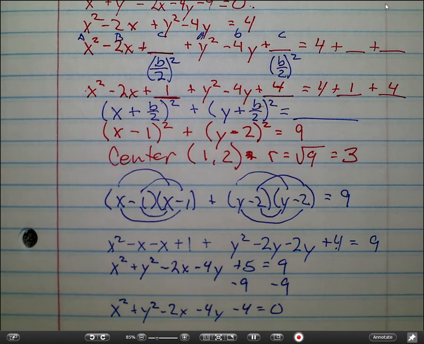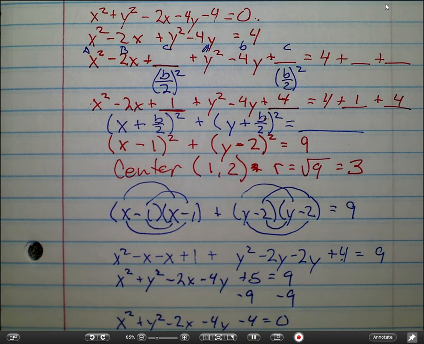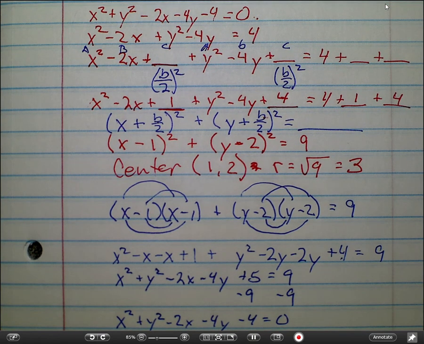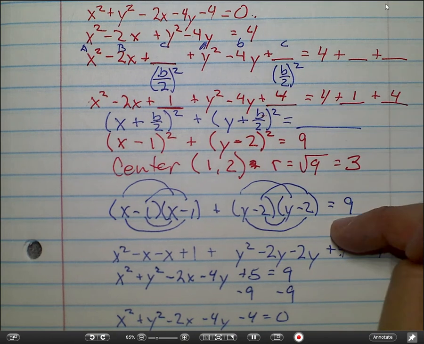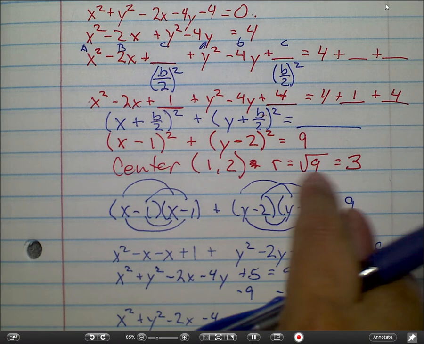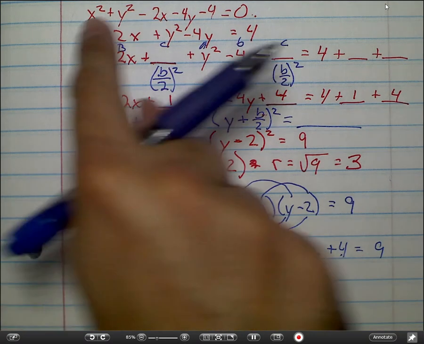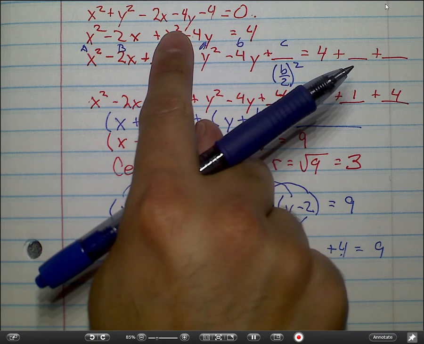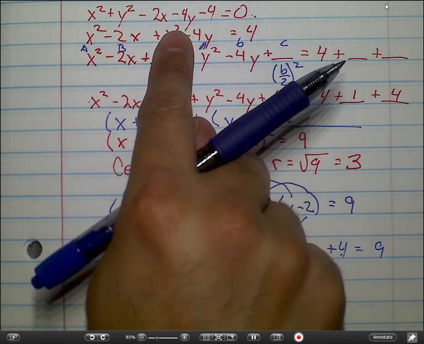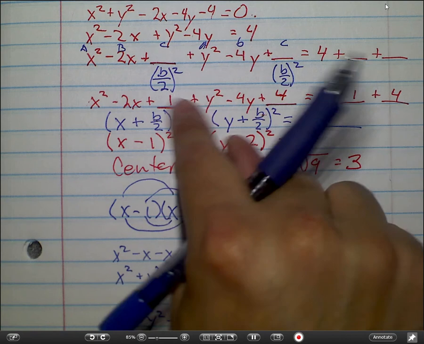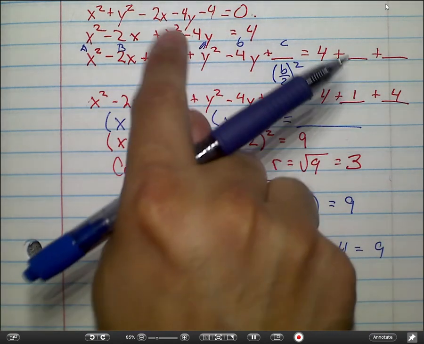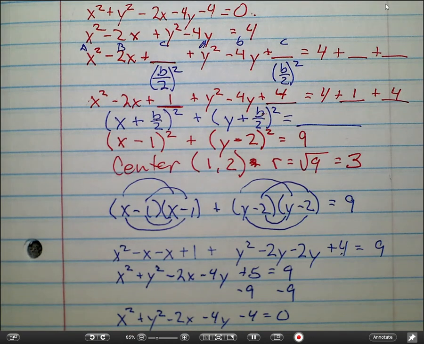That's the exact same thing as what I have up there. So all that work I did to get the center and all that is just working this out backwards. It is going backwards and forward, but this part right here is probably going to be the hardest part, trying to factor out this equation.